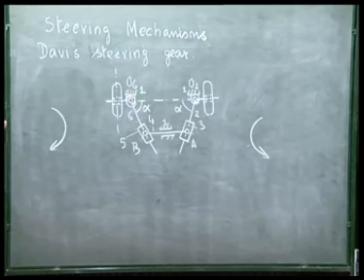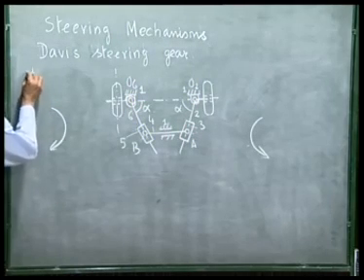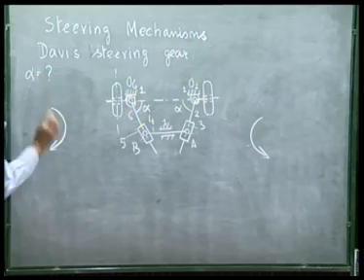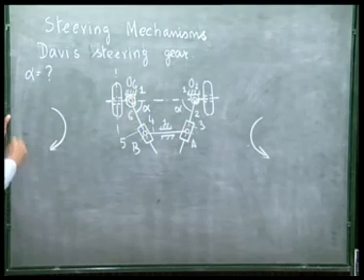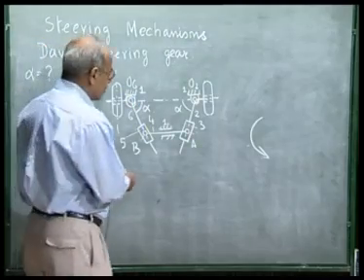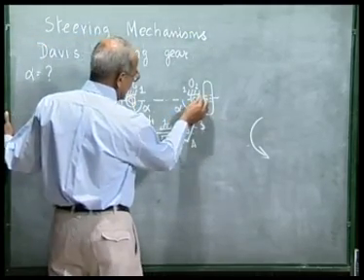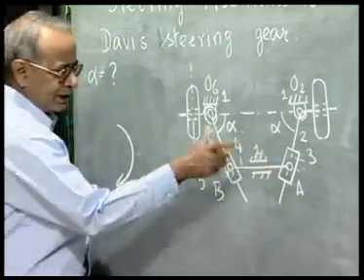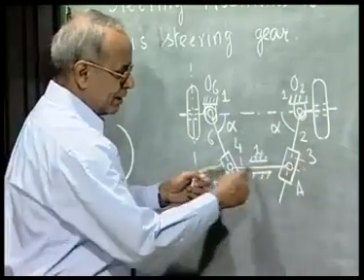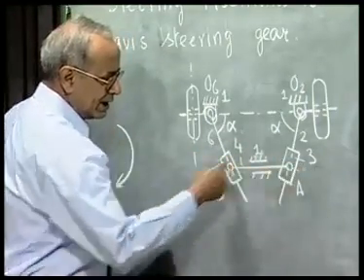Now, our only requirement is to find the value of alpha such that the steering requirement is satisfied. Let us say the rotation of this link 2, how it is steered? This rod is moved in this direction.